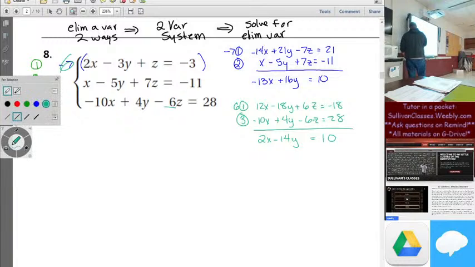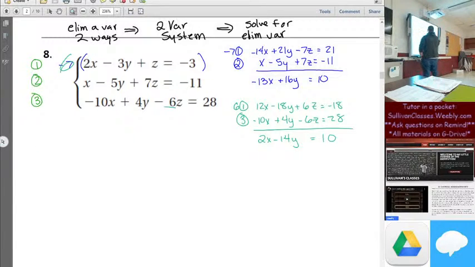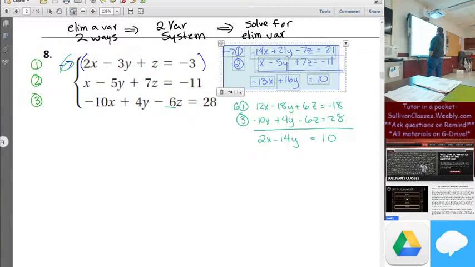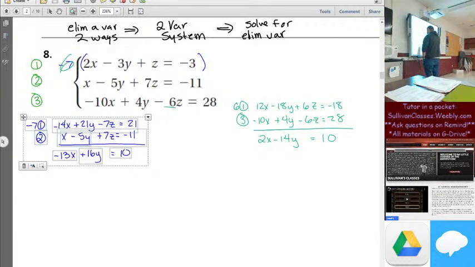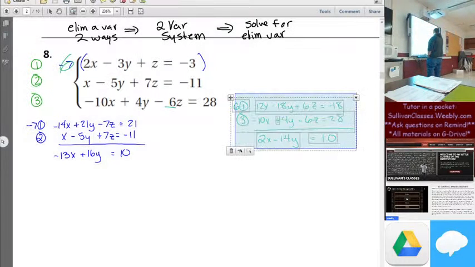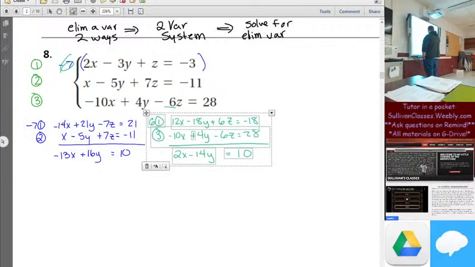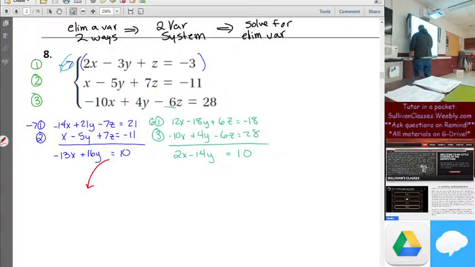If I have done these two, I'll show you. This is kind of how I do my problems. I'll do these two side by side so that I can show this equation and this equation.